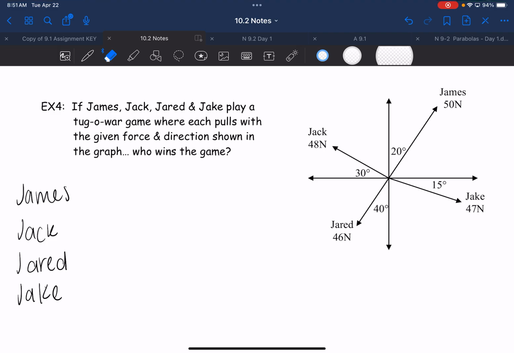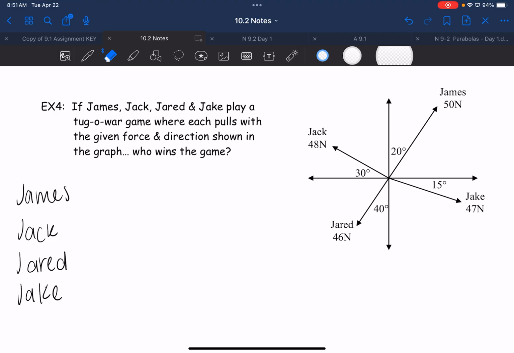80 for James? Yeah, for the degree. Oh, yeah, it's 70. You get 150. I might have done something wrong as well. I probably got a negative.